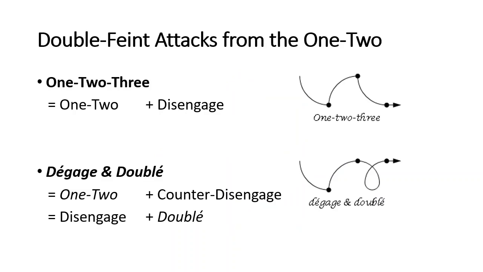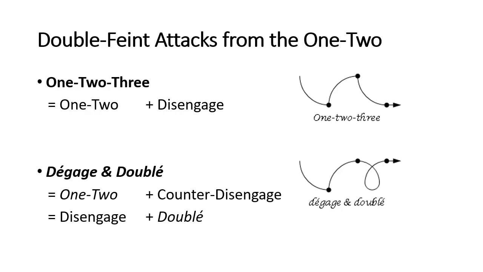Having presented a picture of single feint attacks in various lines, it should now be easier to see how double feint attacks can be constructed by combining various types of disengage and counter disengage. For example, the 1-2 can be followed by an additional disengage, again with a change of direction, to create a 1-2-3.